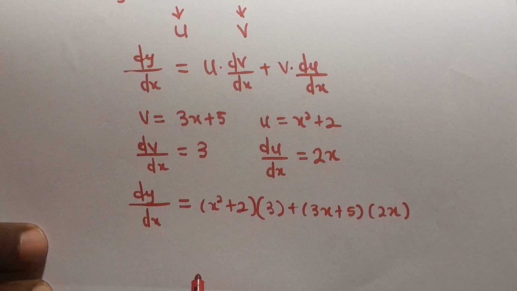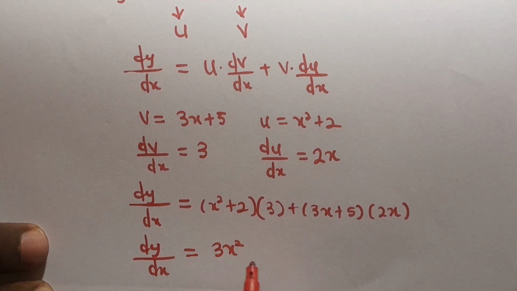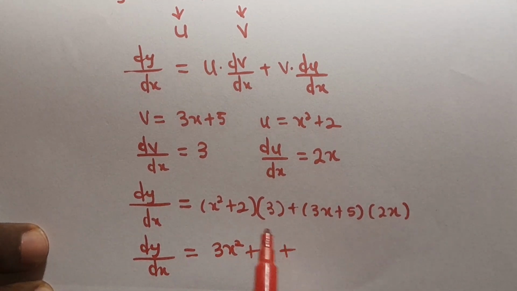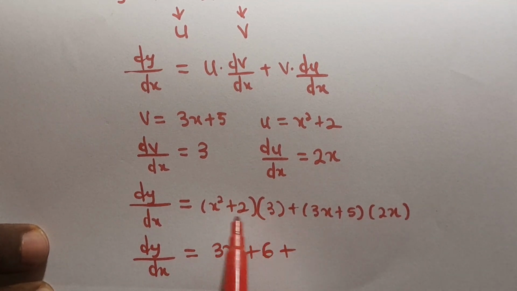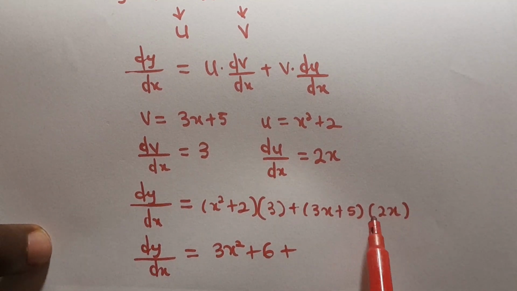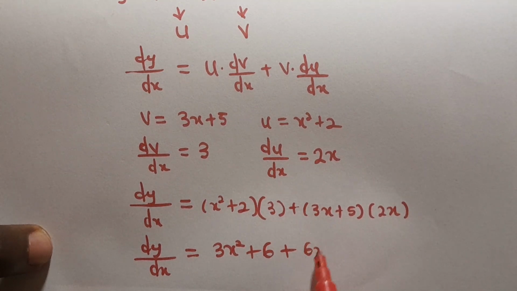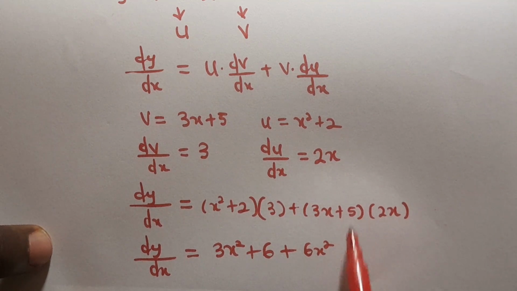So by opening the brackets, let's use 3 to open the bracket. We have 3 multiplied by x squared will be 3x squared. 3 multiplied by 2 will be 6, plus 2x multiplied by 3x will be 6x squared. 2x multiplied by 5 will be 10x.